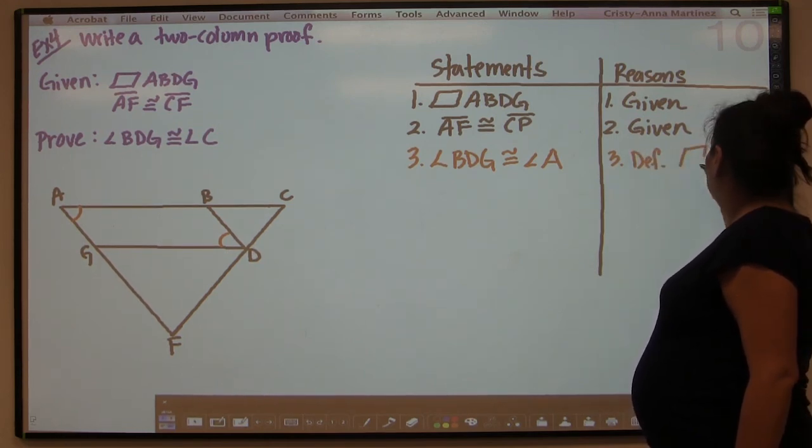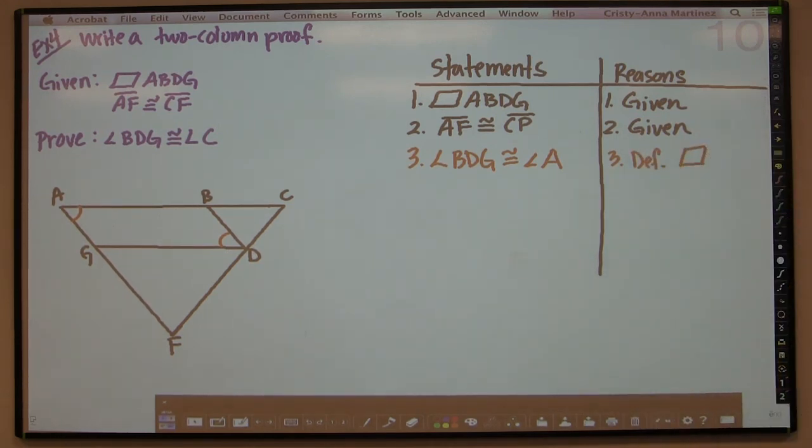Because we know it's a parallelogram, that was one of our theorems. Now, we don't have names for those theorems, so we can't really call it by a name. But basically, by definition, because it's a parallelogram, we know that opposite angles are congruent, and therefore we can write that statement.